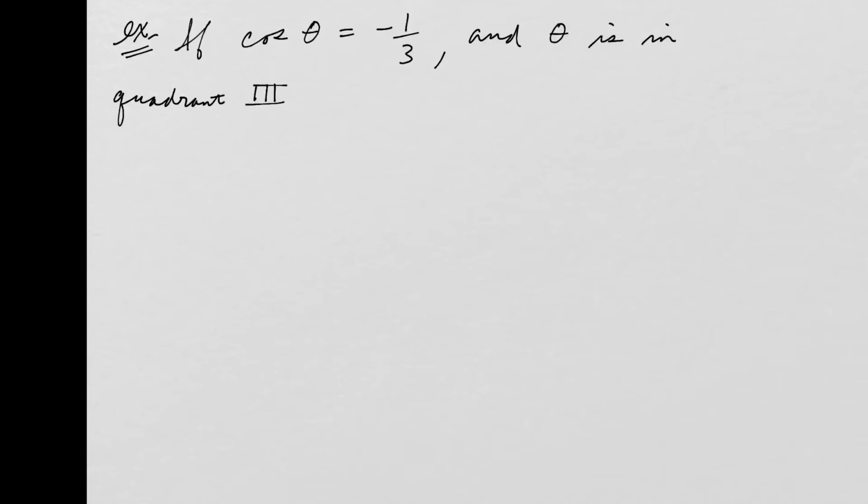Okay, so cosine of the angle is negative 1/3, and the angle is in quadrant 3. We want to find the remaining 5 trig functions, right? So I want to find sine of theta. I want to find secant of theta. I want to find cosecant of theta, tan theta, and so on.